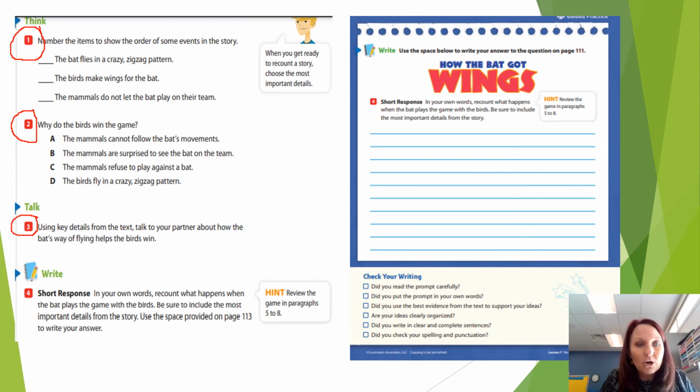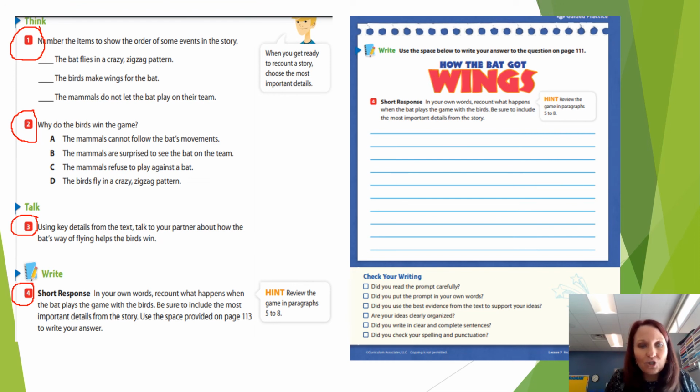And then the last part you're going to do is question 4, which is actually going to be done on page 113. It says, in your own words, recount what happens when the bat plays the game with the birds. Be sure to include the most important details from the story. Use the space provided on page 113 to write your answer.